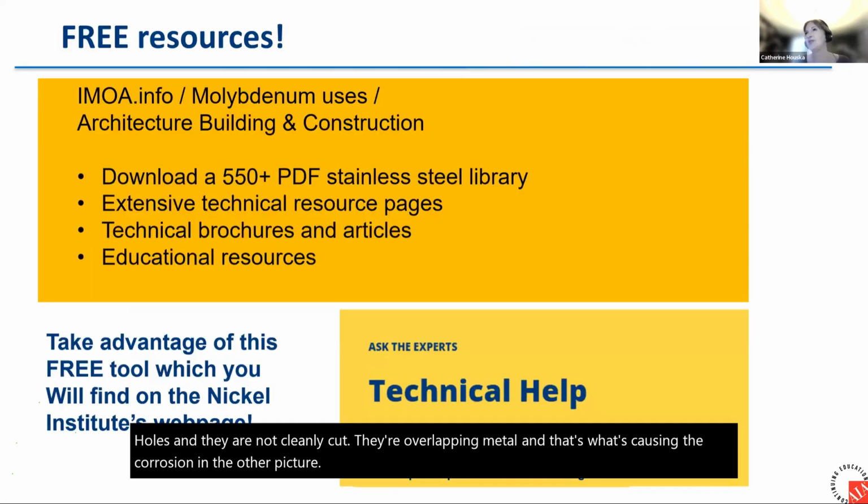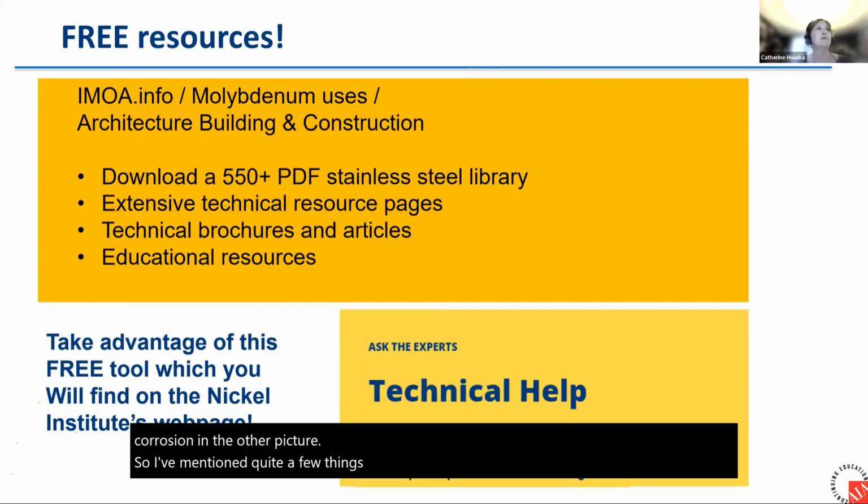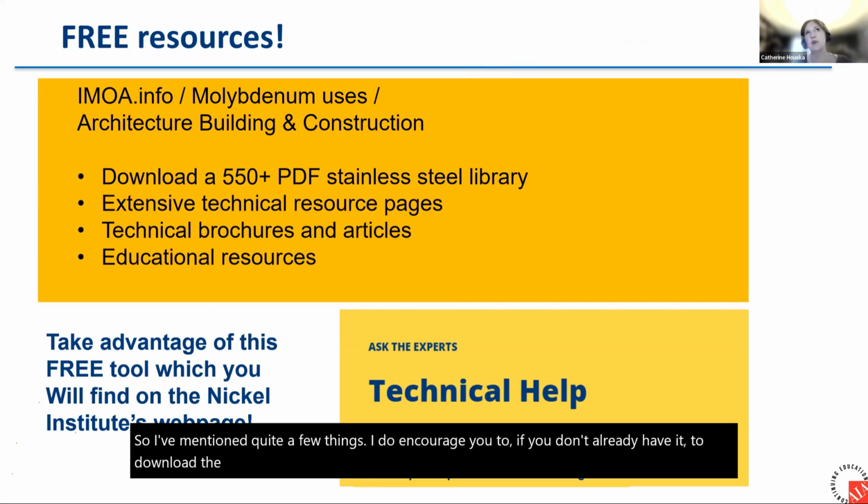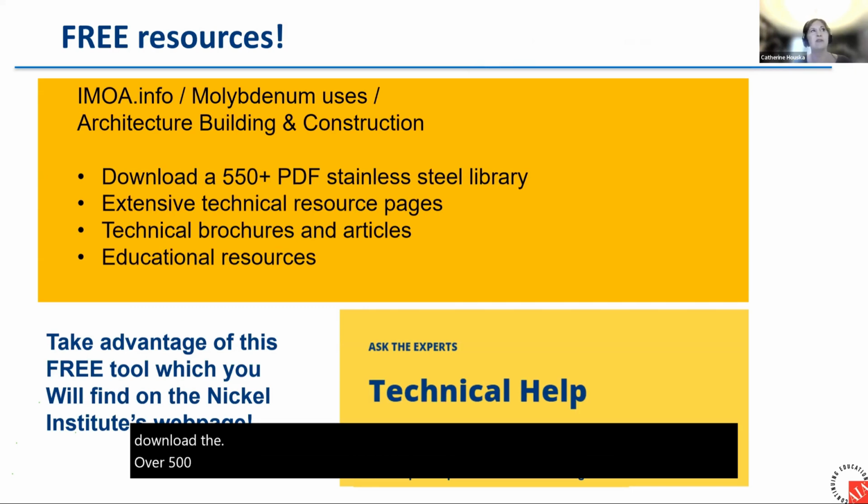So I've mentioned quite a few things. I do encourage you, if you don't already have it, to download the over 550 PDF library that the Nickel Institute and AMOA assembled. It's available on AMOA's website.